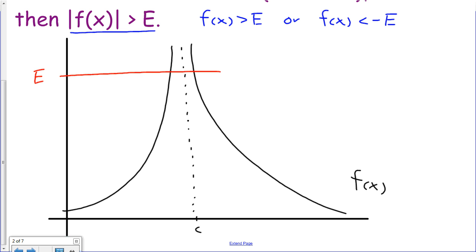And the question is, can you come up with a corresponding restriction around c, which I'm going to draw a vertical line going down here, as well as right here, right where my function crosses that horizontal line that I sketched in there.